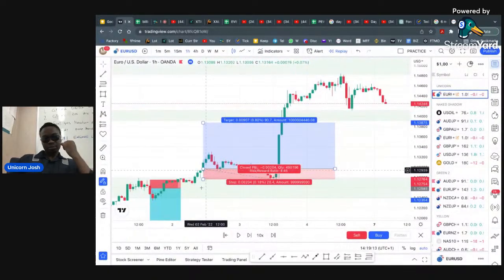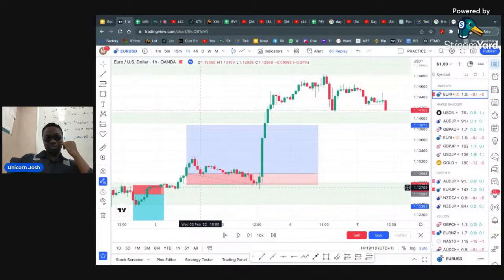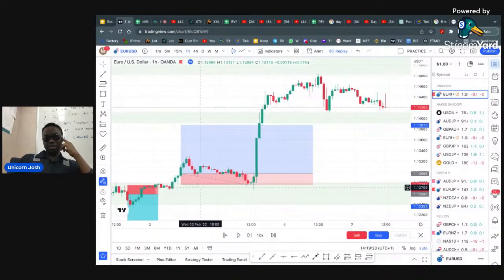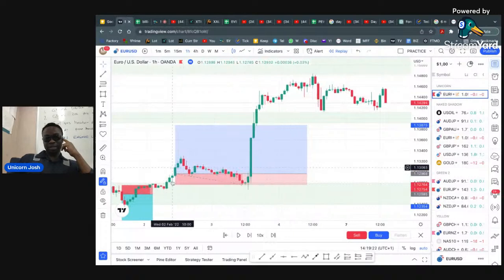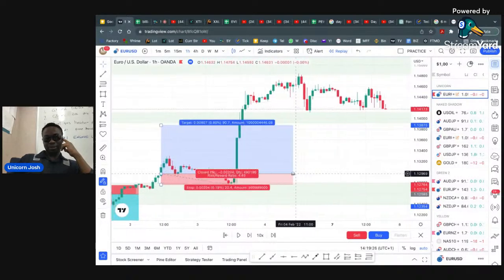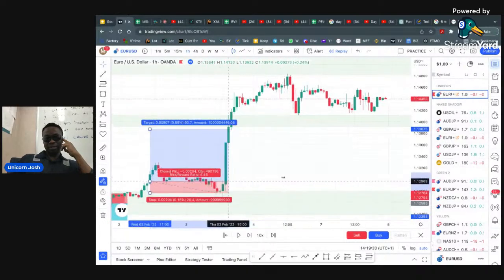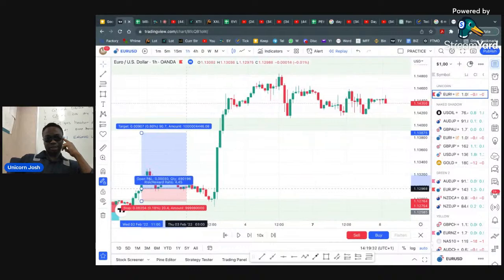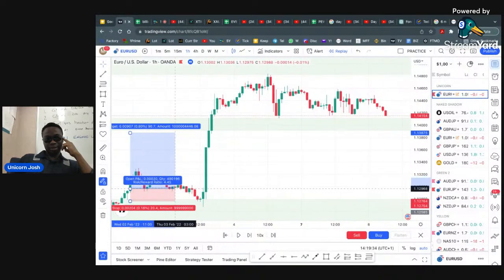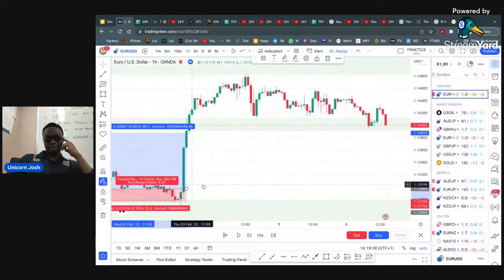First of all, like I mentioned earlier, the strategy is more a reversal strategy, not for a continuation. And this signal was a continuation, so it wasn't very appropriate. So that's that about that.